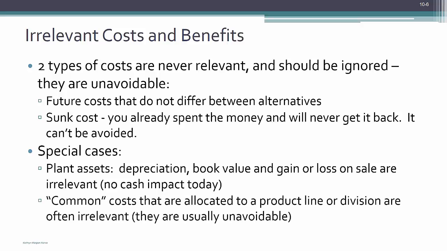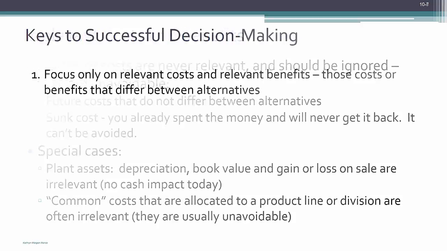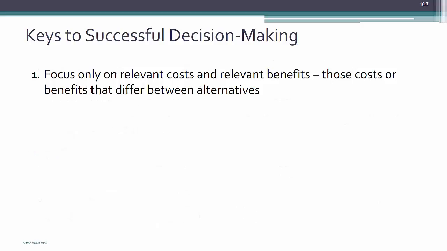Likewise, an asset's book value or gain or loss on sale are also irrelevant because they are derivative of the purchase price or sale price, but not the cash itself. And as you've learned previously, common costs that are allocated to a product line or division are also irrelevant because they are unavoidable.